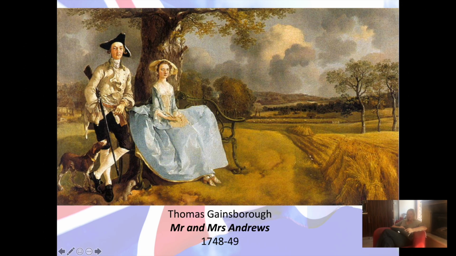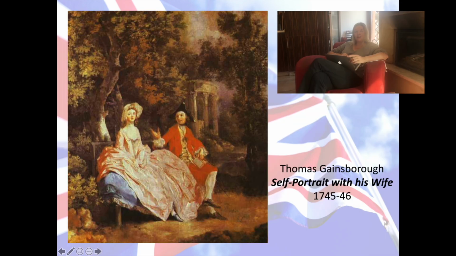Actually, if you do a close-up, you can see the sketch of what is missing. And this was a dead bird, apparently a pheasant, hunted by Mr. Andrews. So yes, he was the provider. He brought dinner, and this is probably why Mrs. Andrews is so shy and looking quite frightened, because she has a dead bird on her lap.